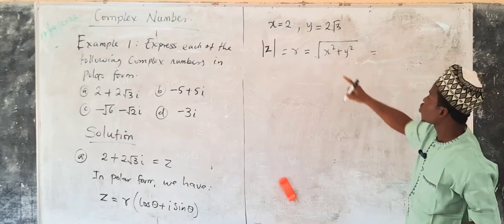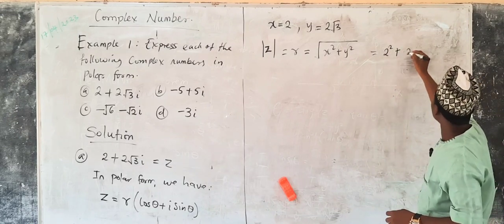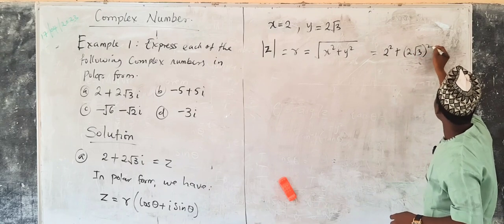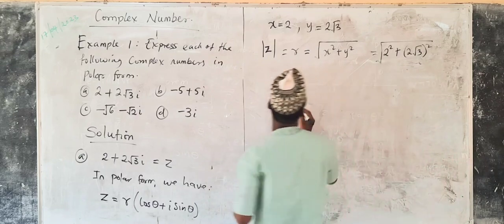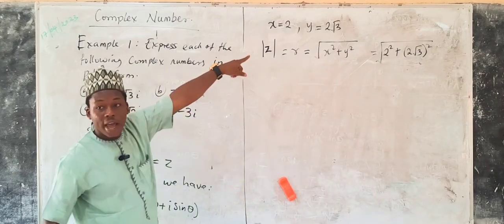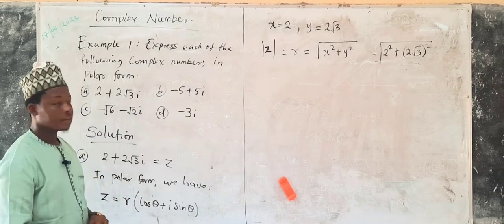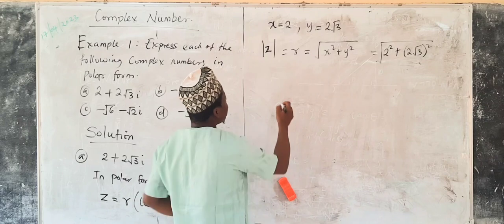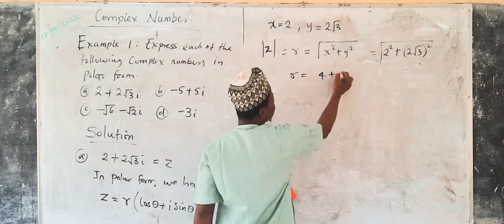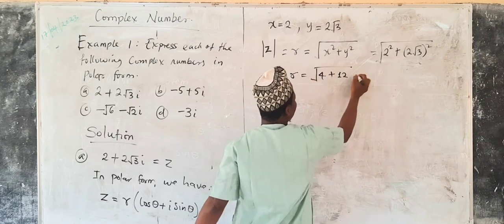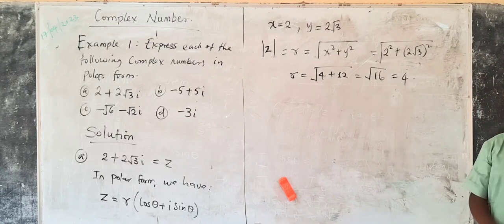So our x squared is 2 squared plus 2 root 3 squared, so you take the square root. Which is 4 plus 12, which is the square root of 16, which is 4. So our r is 4.